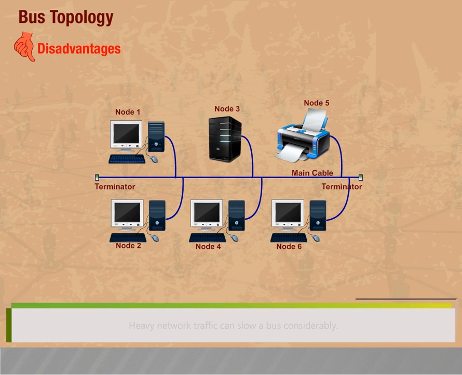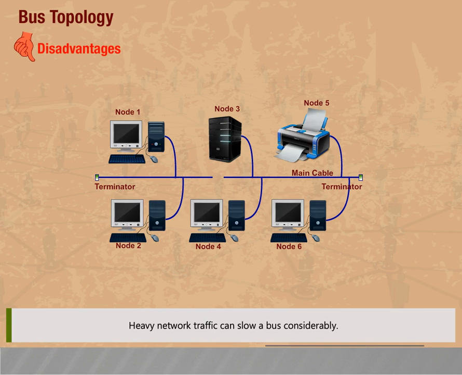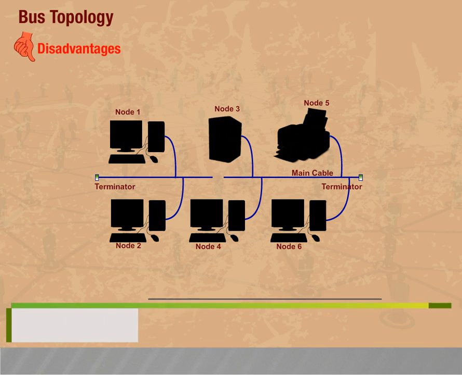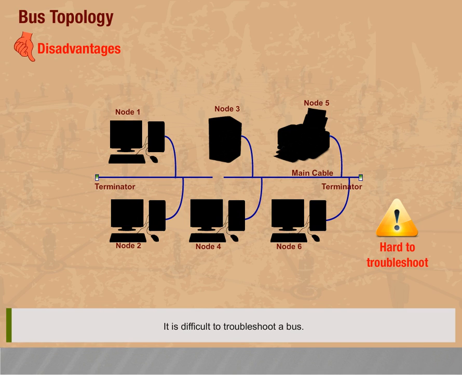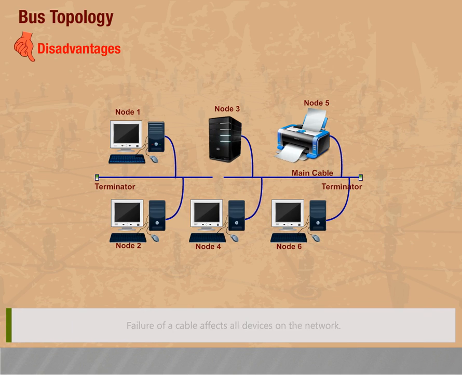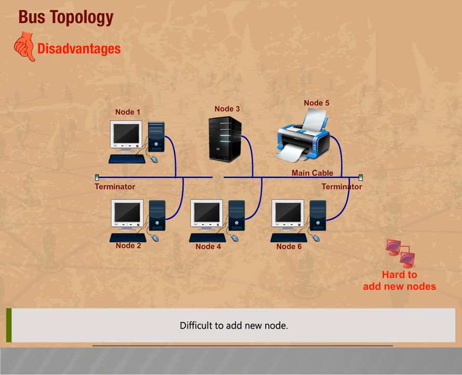Disadvantages: heavy network traffic can slow a bus considerably. It is difficult to troubleshoot a bus. Failure of a cable affects all devices on the network. Difficult to add new node.